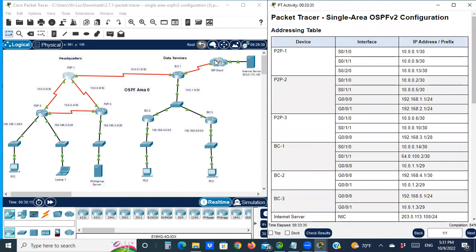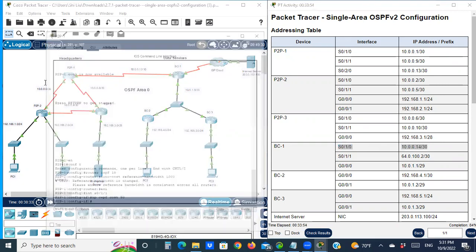P2P1 here is 10.0.0.12, so it's supposed to be this interface, and BC1 is 14. This is Serial 0/1/0.